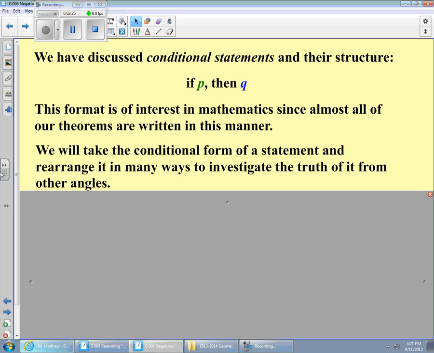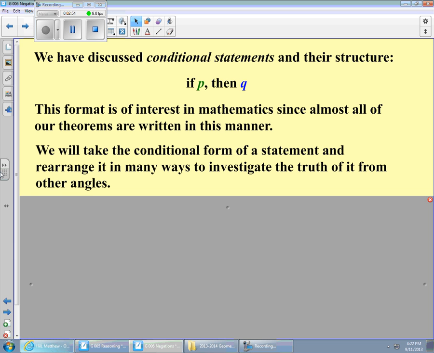Now, what we're going to do is take the conditional form of a statement and rearrange it in several different ways to investigate the truth of it from other angles. Now, we said our conditional statements, our conjectures, are assumed to be true. They need to be true, and if you can find any example that disproves it, then that is called a counterexample or a non-example, and it makes the conjecture entirely false.